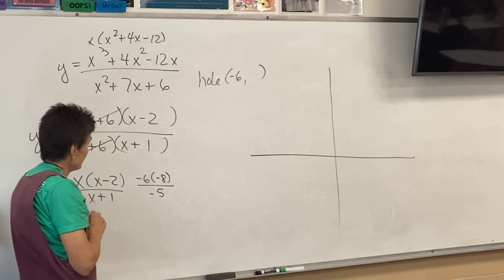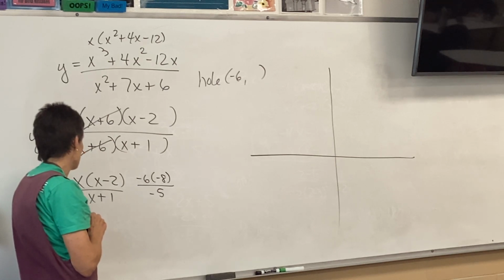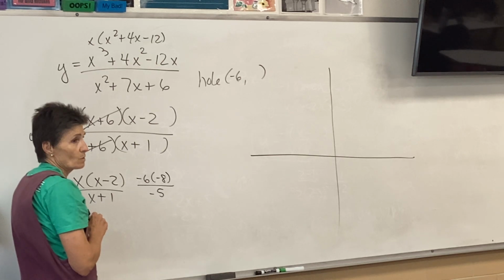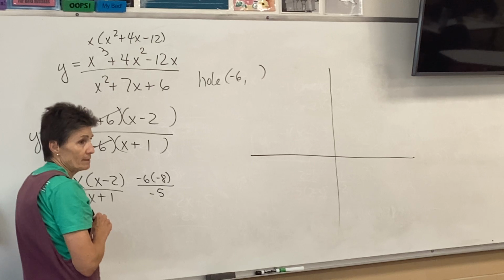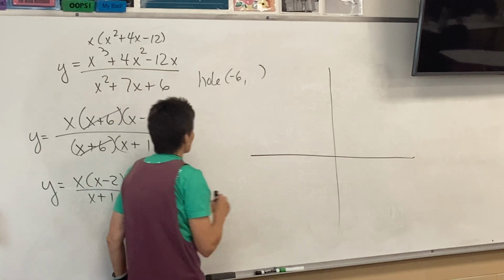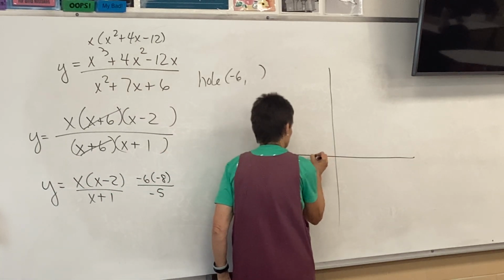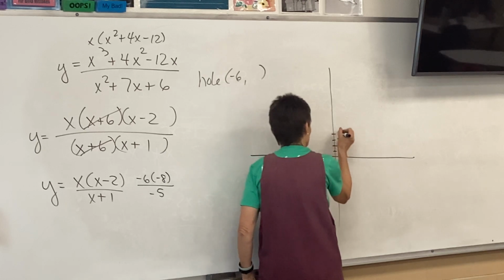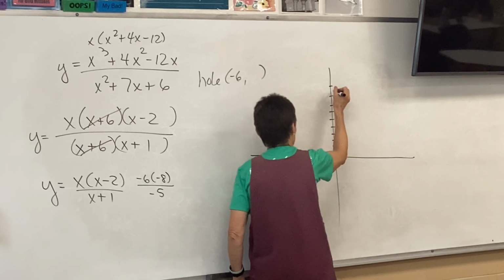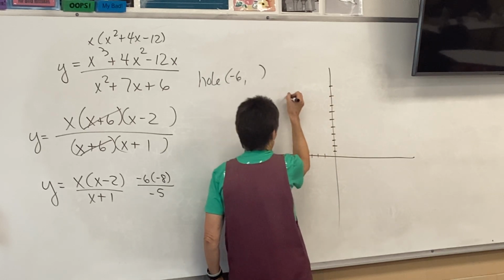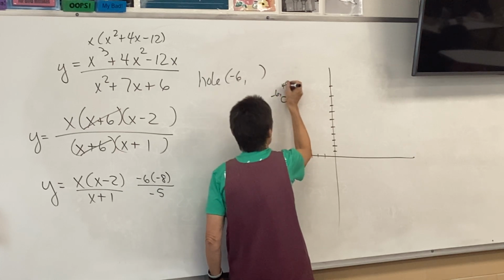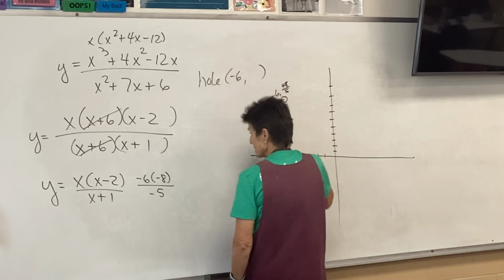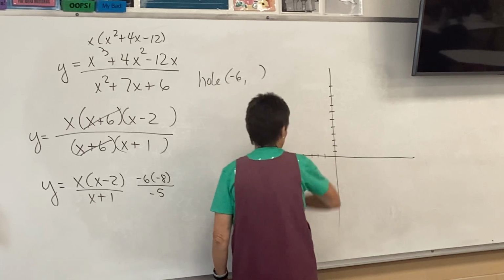Did you get -48 over 5? What is that? Somewhere between 9 and 10? Great. So -6. Oh wait, it was -48 this, crap.